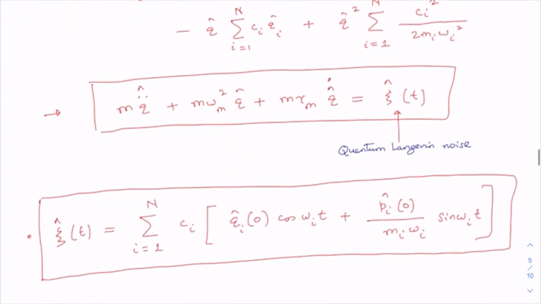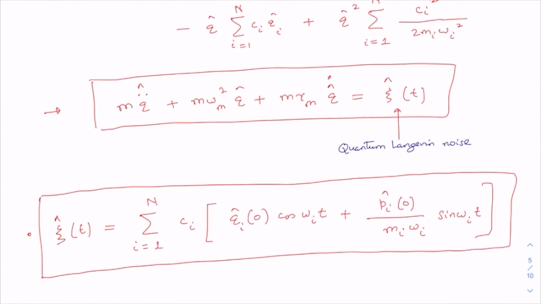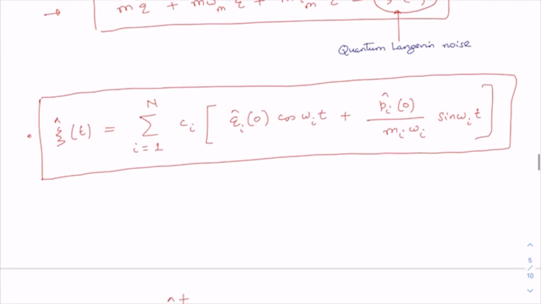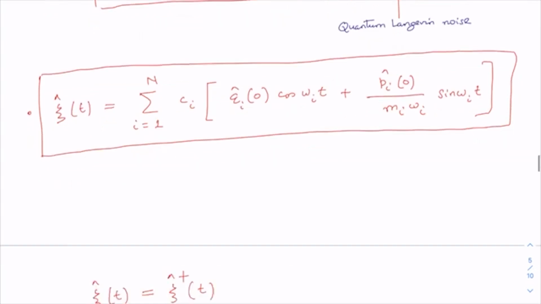So using the Heisenberg equation of motion, we can get an equation analogous to the classical Langevin equation, where the classical Langevin noise is now represented by this operator, and it has exactly the same form in the limit when the bath oscillator coupling is assumed to be weak.